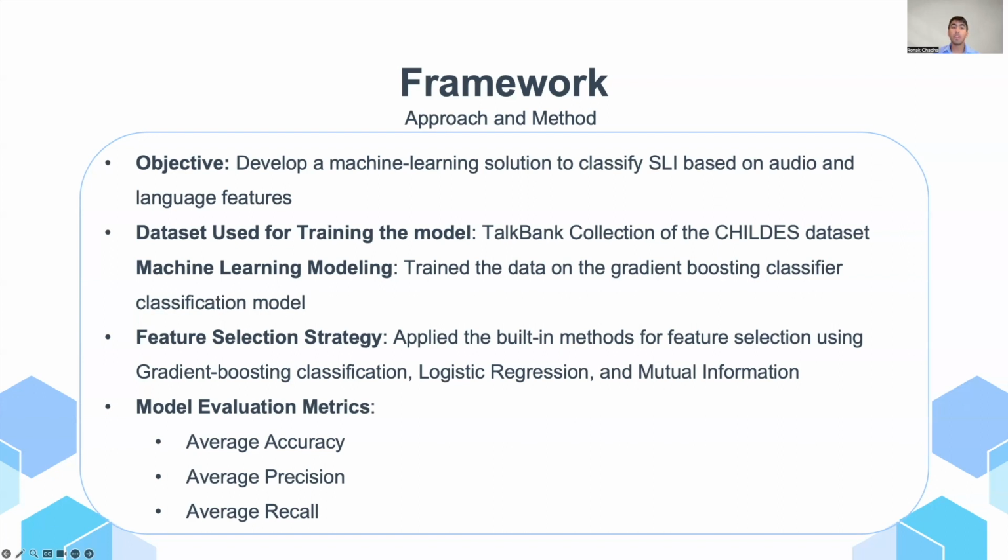I further trained the gradient boosting classifier on the top 15 features from each of these three sources. And the top 15 features from the three sources were then evaluated for their efficacy in predicting SLI. To do the evaluation, I performed cross-validation and split the data into 5 folds to calculate the average accuracy, precision, recall, and error, which helped identify the success of the top-ranked features, and that can inform the development of future digital diagnostics and therapeutics for specific language impairment.